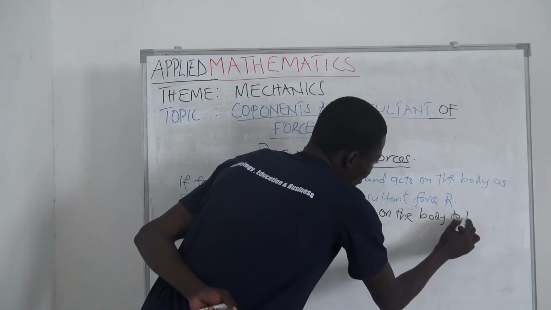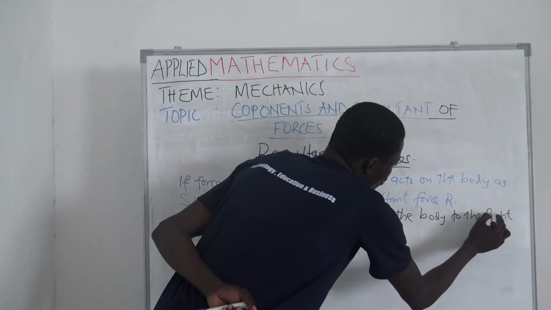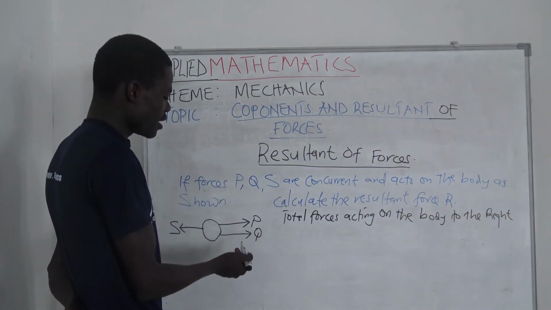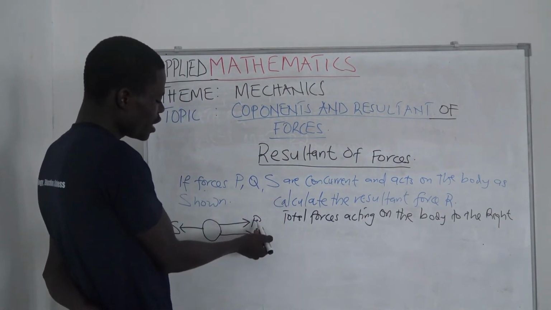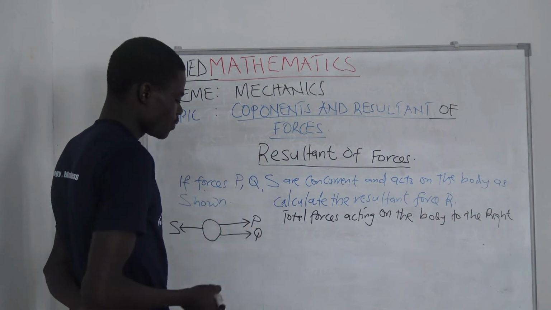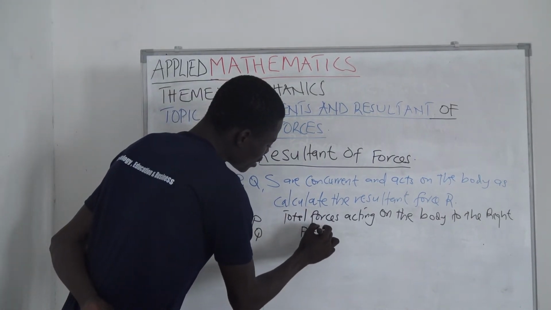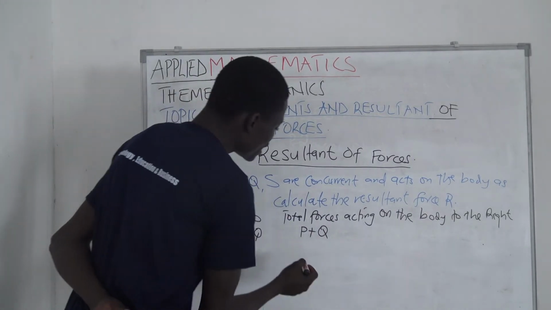The total forces acting on the body to the right is given by, which are those forces acting to the right? We have P and Q. So the total force is given by P plus Q.